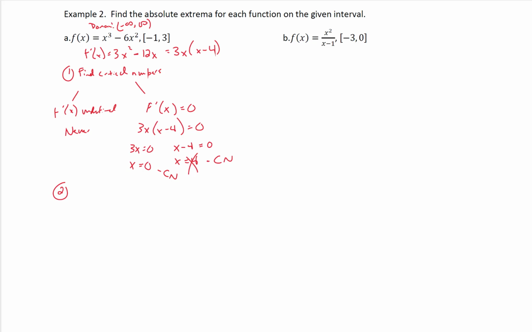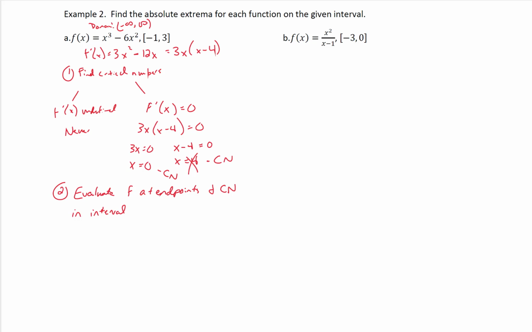So now step 2, we evaluate the function f at the endpoints and the critical numbers in the interval. Since we're only looking at the absolute extrema on the interval, it doesn't make sense to plug in that critical number we found, 4.